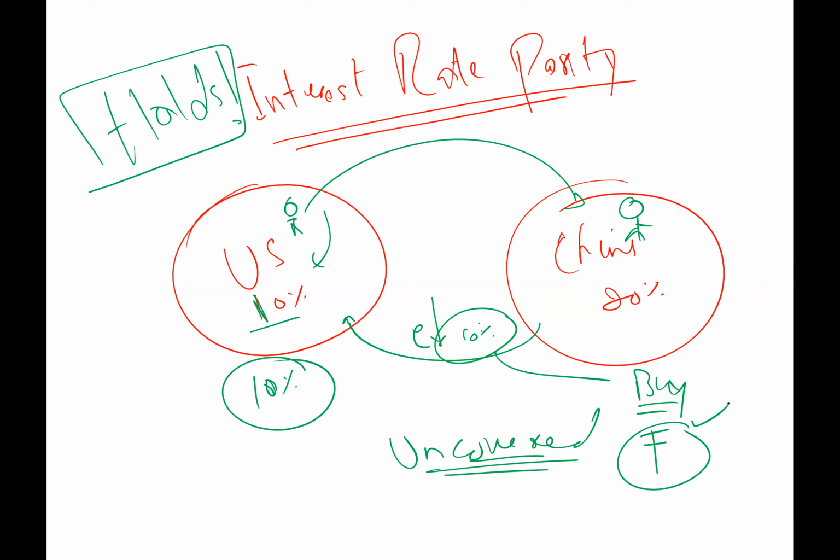But sir, let me ask you something. Is it always like this? For example, if I do it now, in 1 year the Chinese yuan will depreciate by 10% against the dollar? Yes, if interest rate parity holds 100%.